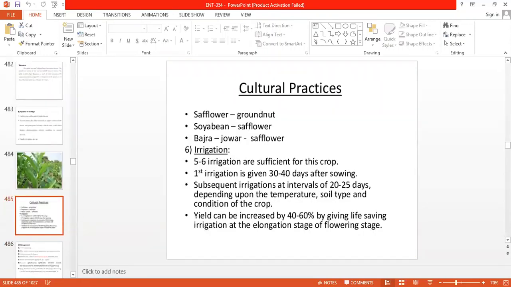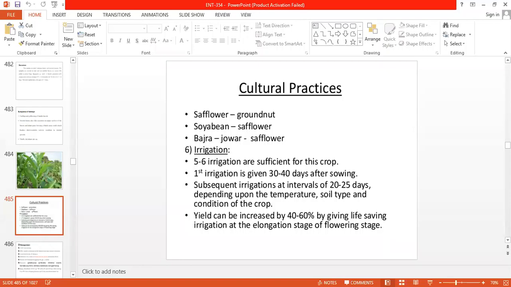Management practices: early sowing in the first week of October in case of irrigated condition, and in case of water scarcity or drought prone areas, sowing the crop in the second fortnight of September is recommended. This is the recommendation. In drought prone areas, sowing should be from 15 September to 30 September.